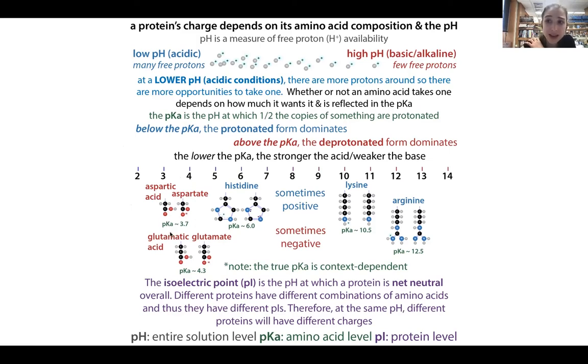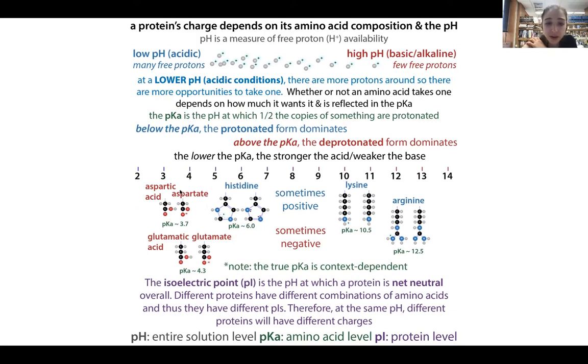Because remember, the pKa is the value at which half of it would be deprotonated. And so when you're above that, you're almost all going to be deprotonated because there are not that many protons around. And so it's not likely to find one. And if it finds one, it's going to give it up right away because it doesn't really want it, right?